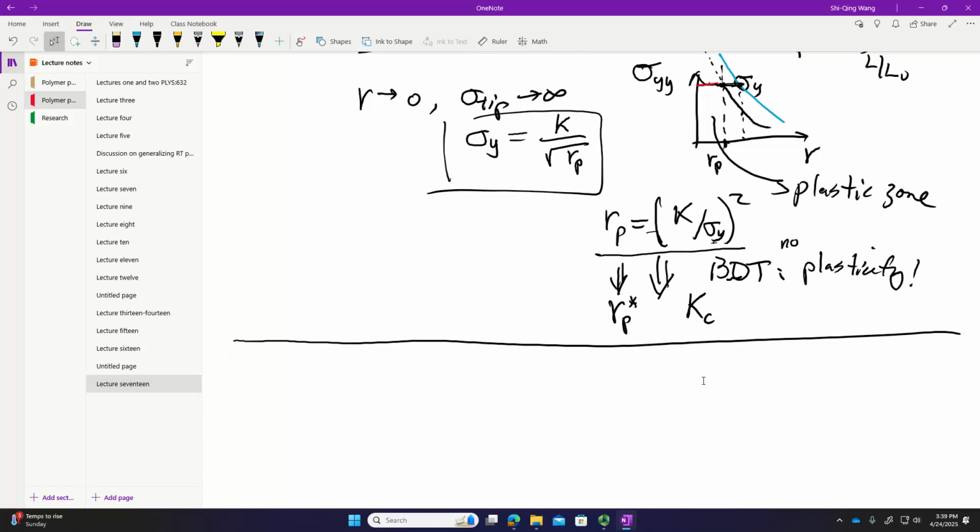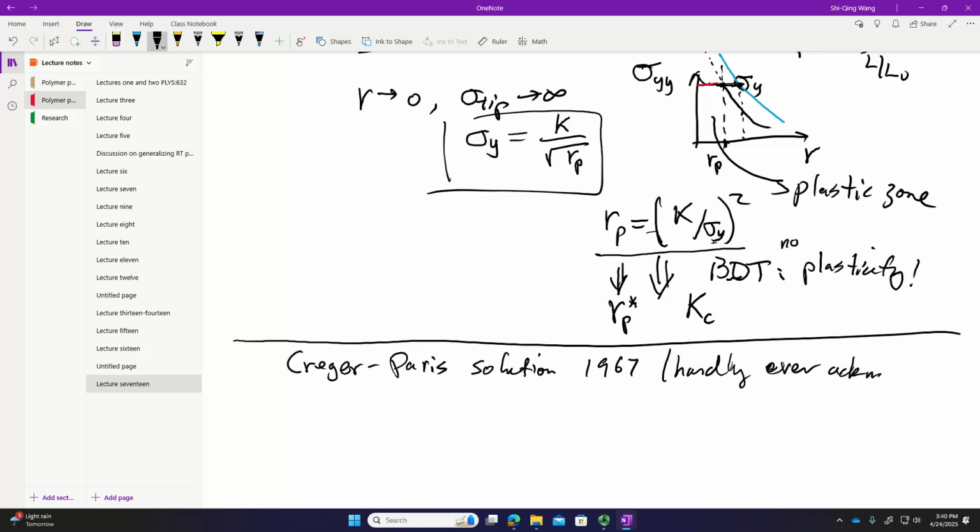That is, we later, after learning our results from my experiment, which I have yet to give you any sense of but will soon, learned that there is such a thing called the Creager-Paris solution, published in 1967. Hardly ever acknowledged in any textbook. There could be 1 or 2 you can find, but out of a dozen or more, you don't find it.